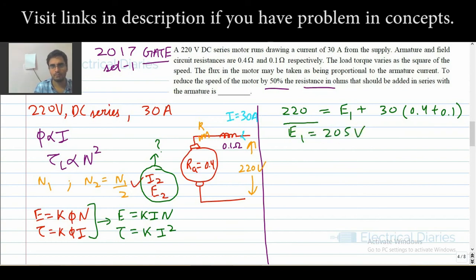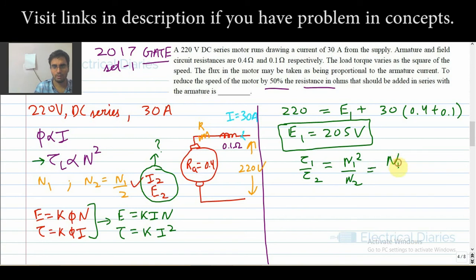So this is one value that I have got. Now using this, tau 1 by tau 2 is equal to n1 square by n2 square, and since n2 is n1 by 2, tau 1 by tau 2 comes out to be equal to 4.